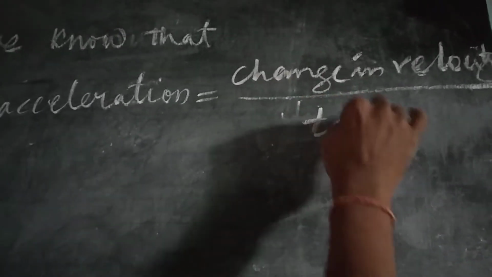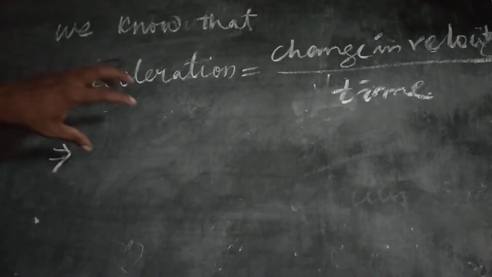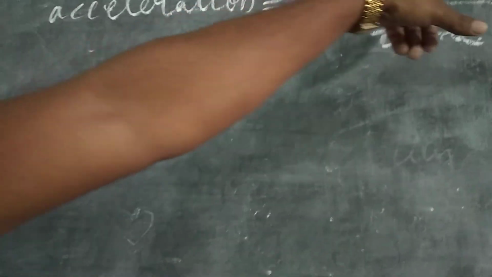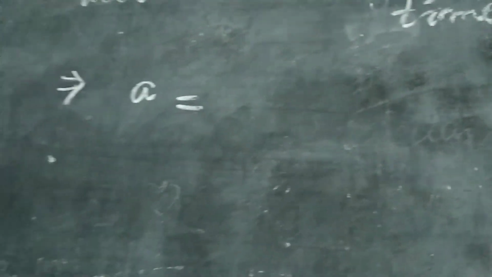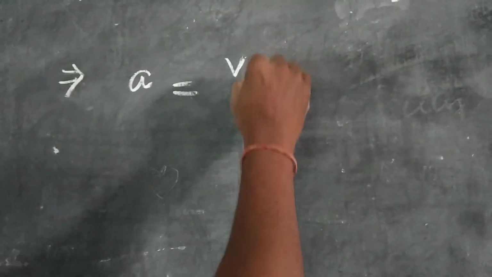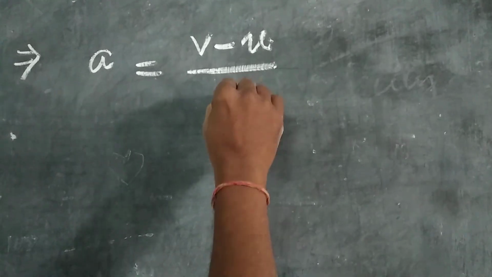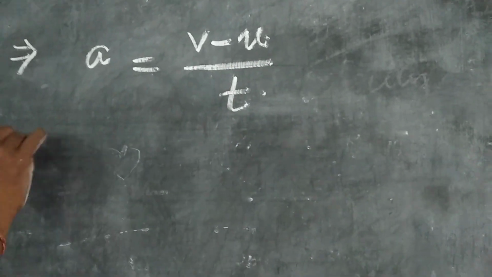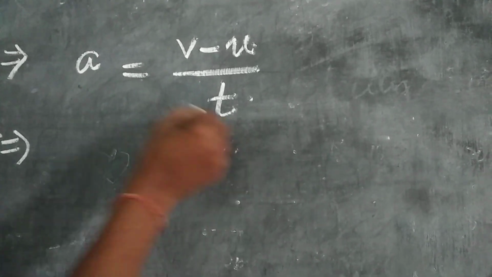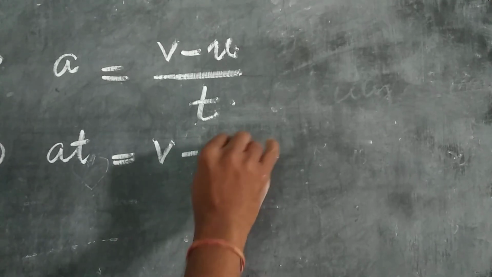So we denote a for acceleration, that is a equals change in velocity, and change in velocity means v minus u, divided by time t. Clear? When we cross multiply, we get at equals v minus u.